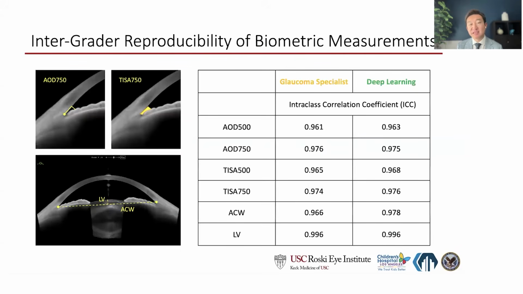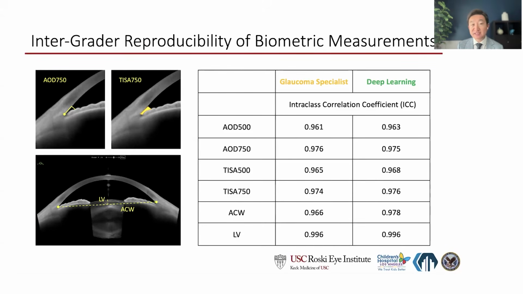This table shows the interobserver reproducibility of the measurements that are associated with those scleral spur locations. In the column on the left, you can see the agreement between the reference grader and the glaucoma specialist. And here we've calculated intra-class correlation coefficients. These ICC values can range from 0 to 1, with 1 being perfect correlation. And we can see here that all of these ICC values exceed 0.96, which is very high correlation between the two humans.